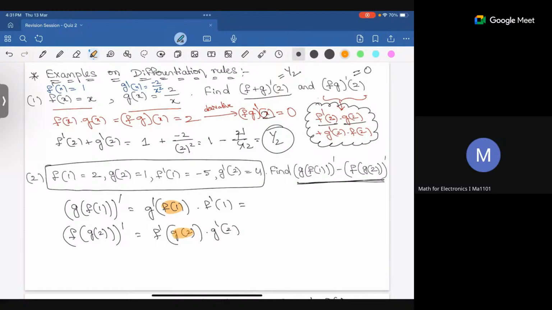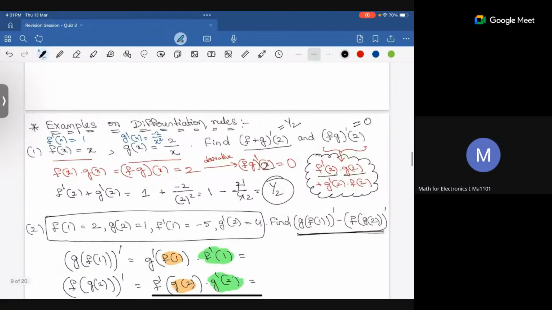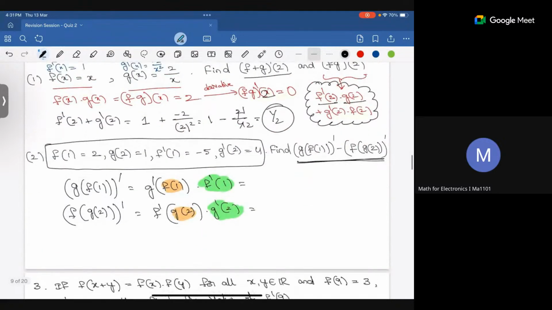That's it. So we know what f of 1 is. Substitute. You know what g of 2 is. And also we know what f prime of 1 is and what g prime of 2 is. So substitute them and you will see that this will become g prime of f of 1, which is 2, times f prime of 1, which is -5. Here, f prime of g of 2, you go and see, f prime of g of 2 is again 1, times g prime of 2, which is 4. Now g prime of 2 again is 4.